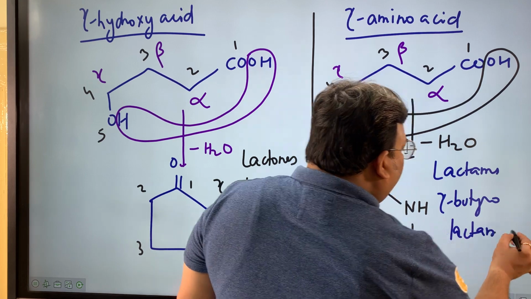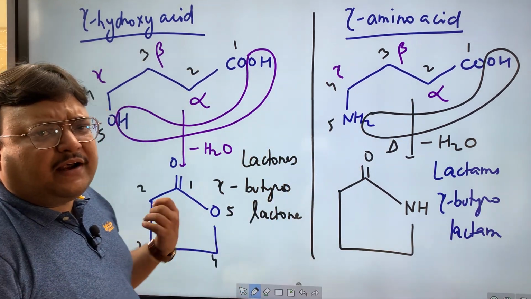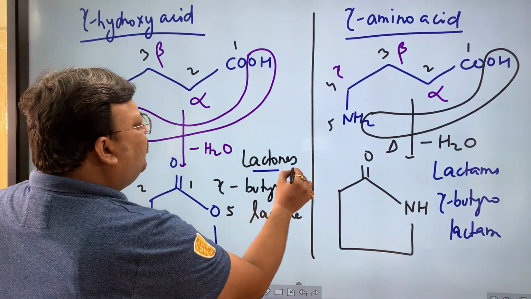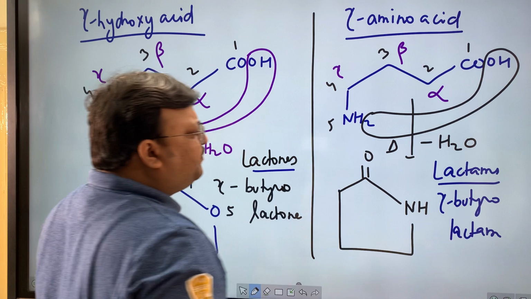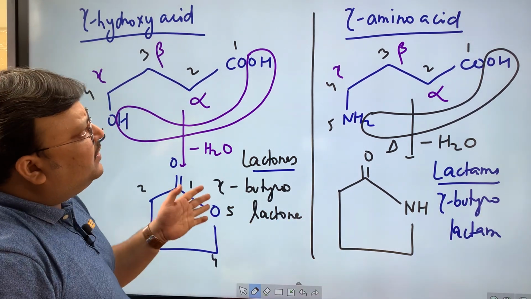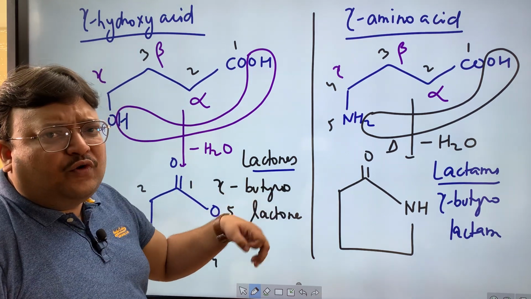Naturally, intramolecular dehydration producing a cyclic ester or cyclic amide, which are called lactones or lactams respectively, because a 5-membered ring is stable. After gamma we will move to delta.